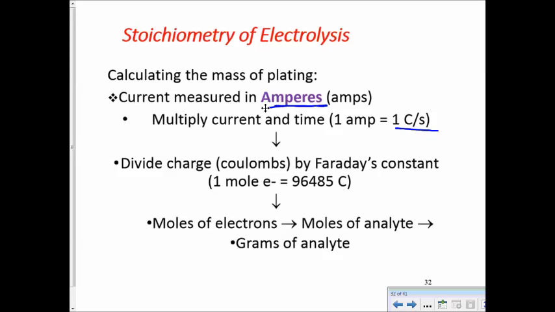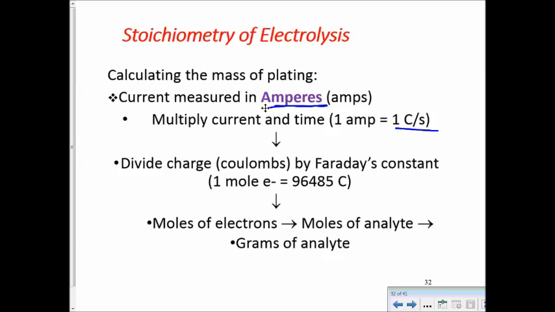And then once you have the moles of the electrons, you can find the moles of your metal or the substance you're trying to produce, which is what we call the analyte. It could be a non-metal we're trying to produce too, but a lot of times electroplating is about metal. So the analyte is the substance we want. We're turning it into a solid or into a liquid or whatever we want.